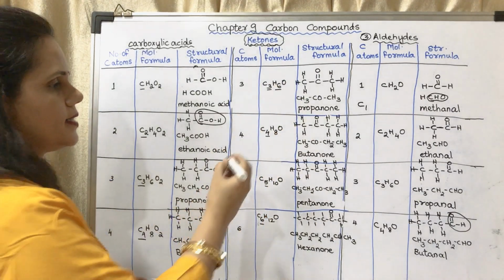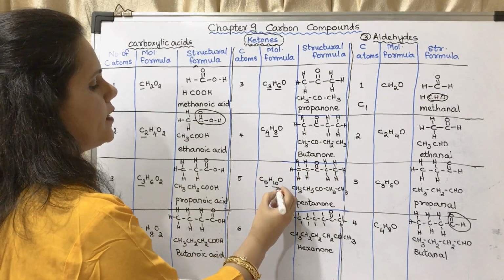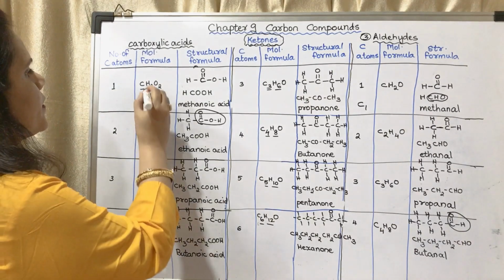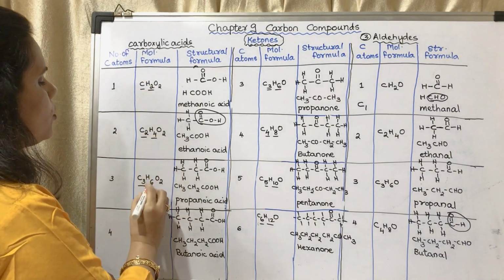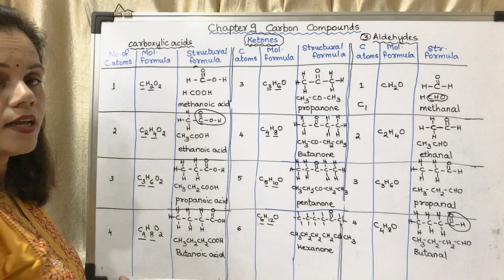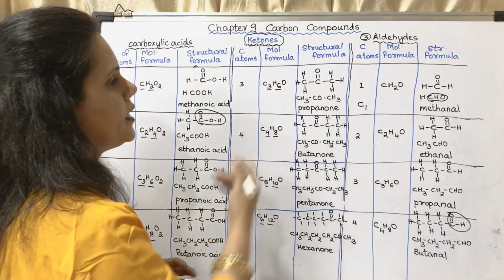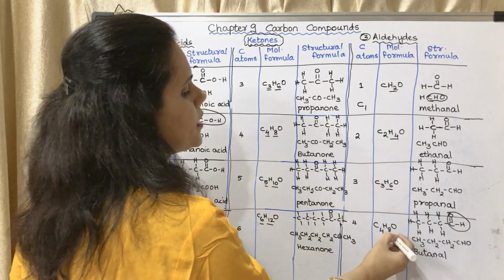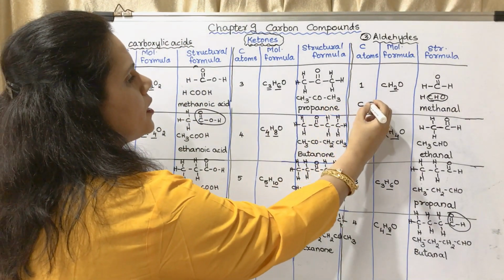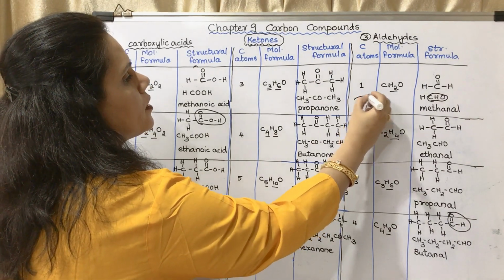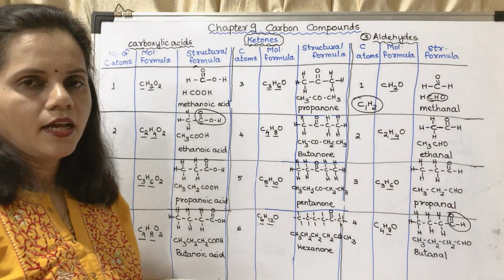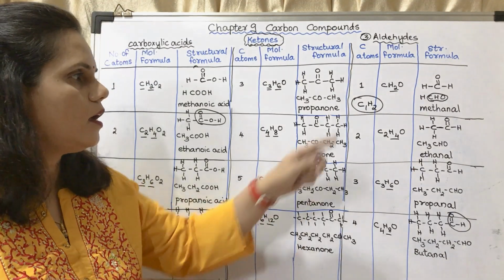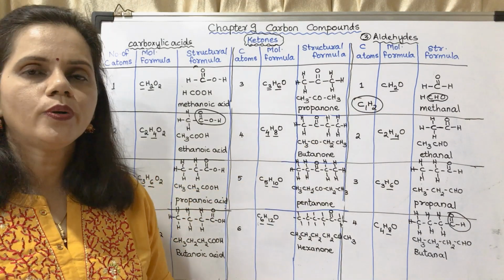This is having 6, this is having 8, this is having 10, this is having 12. For carboxylic acids we will see, this is having 2, this is having 4, this is having 6, this is having 8. Similarly for aldehydes you may see, this is 2, this is 4, this is 6, this is 8. Okay, that means it is increasing by 2H. Every next compound increases by 1C and 2H.